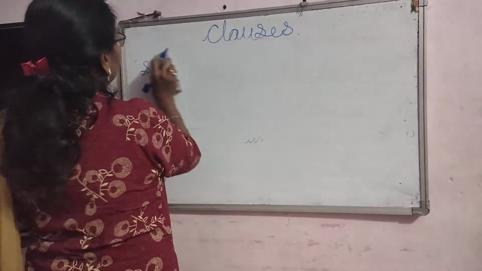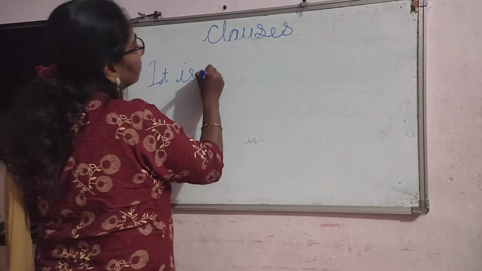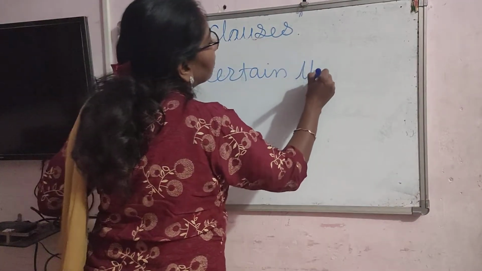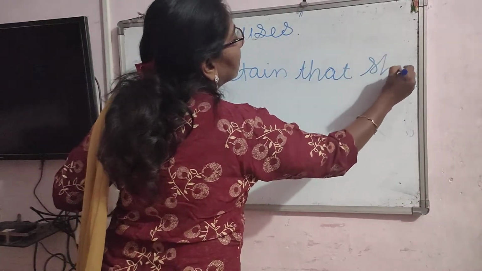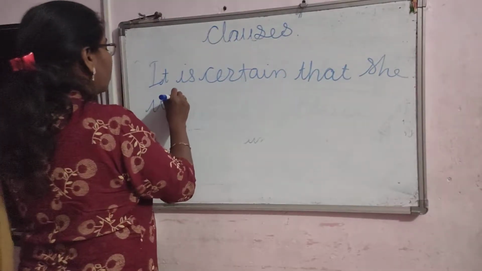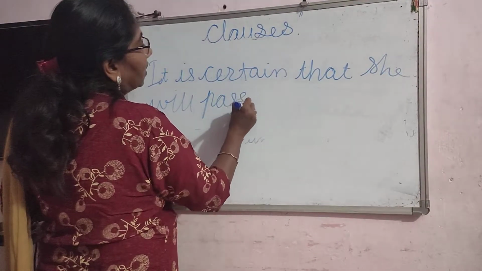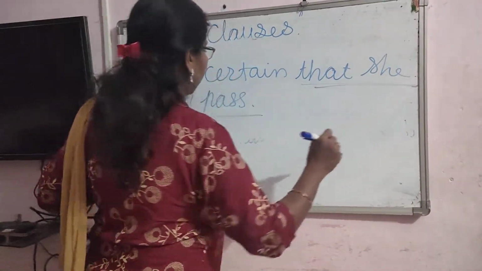It is certain that she will pass. It is certain is the main clause, and that she will pass is the subordinate clause.